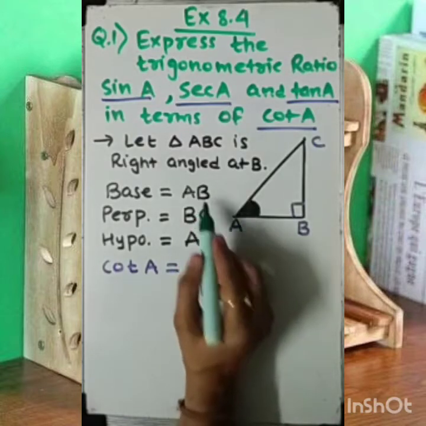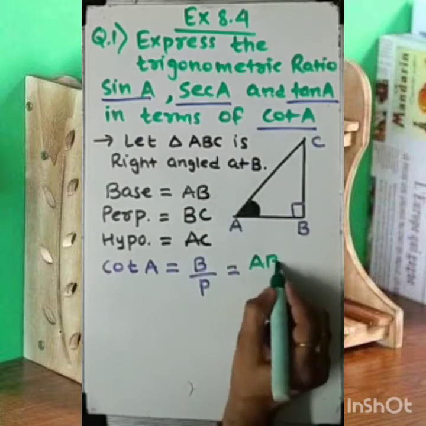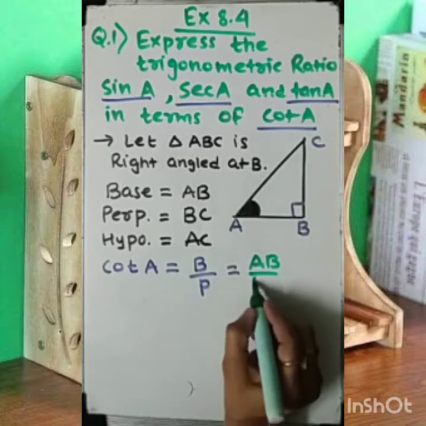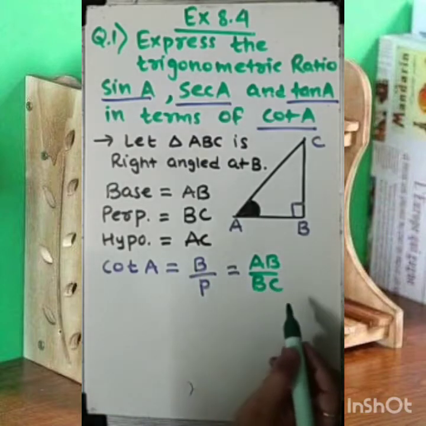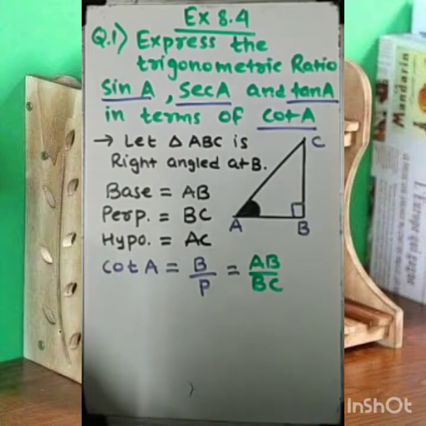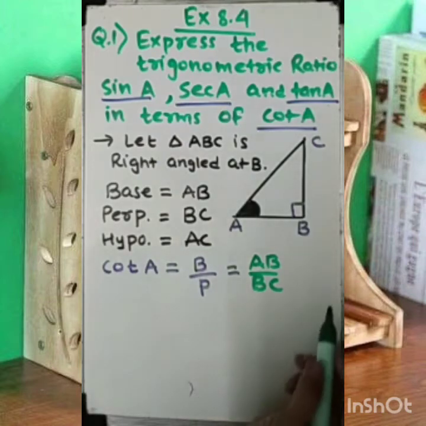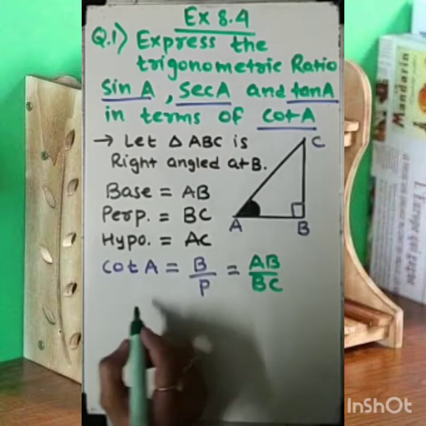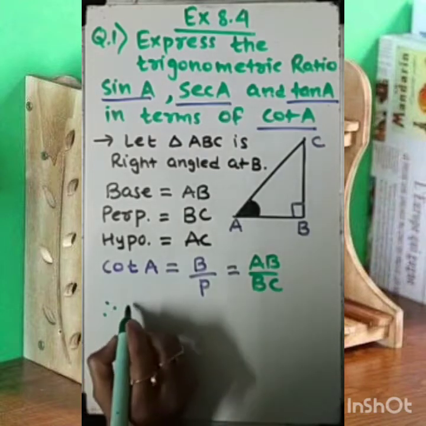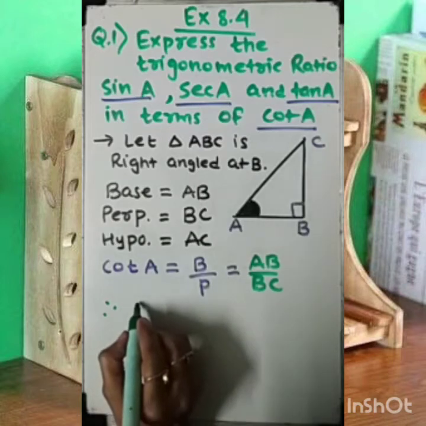Of course it is AB and P means BC. So the value of cot A equals AB upon BC. Clear to you? Therefore cot A equals AB upon BC.